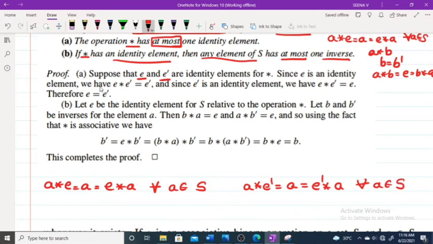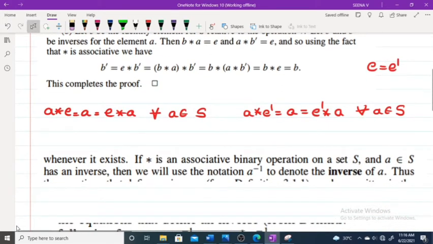Now what we have to show? We have to show this identity element is unique. That means star has at most one identity element. That is, we have to prove e equals e dash. Now, clearly e and e dash are elements of S. So this condition holds, and e dash belongs to S implies we can write e dash star e equals e dash.